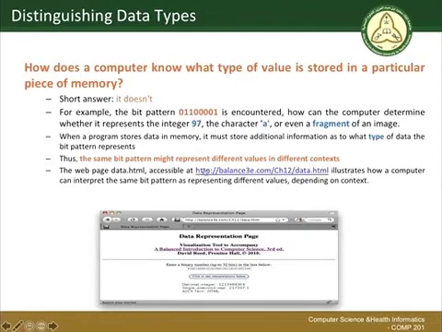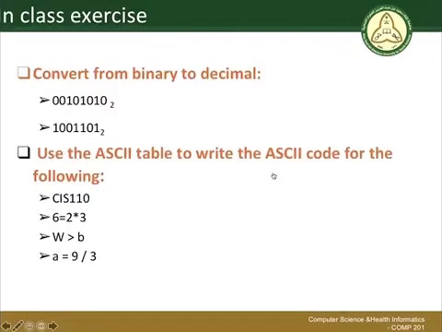So I would advise you to use this website to check if your answer for the conversion of a binary number to decimal is correct, but try first to do the conversion by hand. Use this application or website only to check the answer, because as you see in this last slide, we are asking you to convert from binary to decimal.